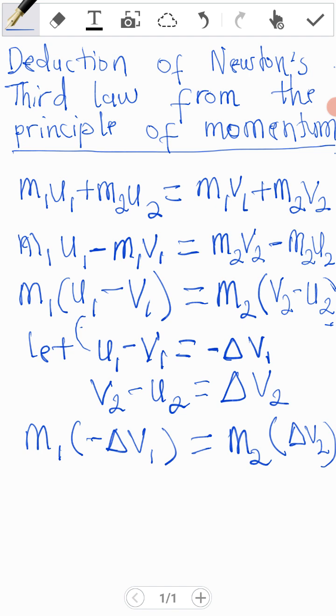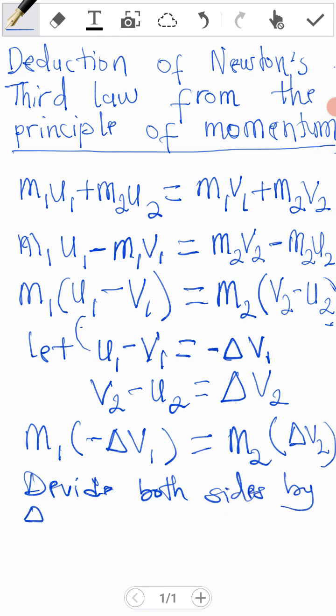Now we can divide both sides by change in time.